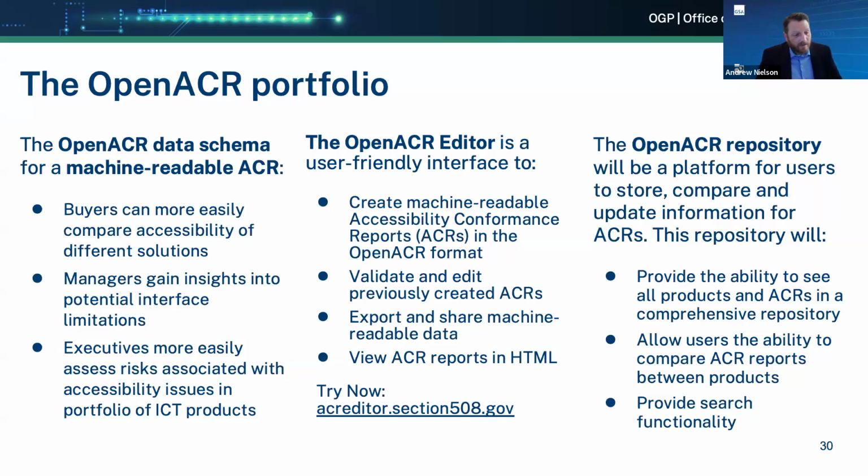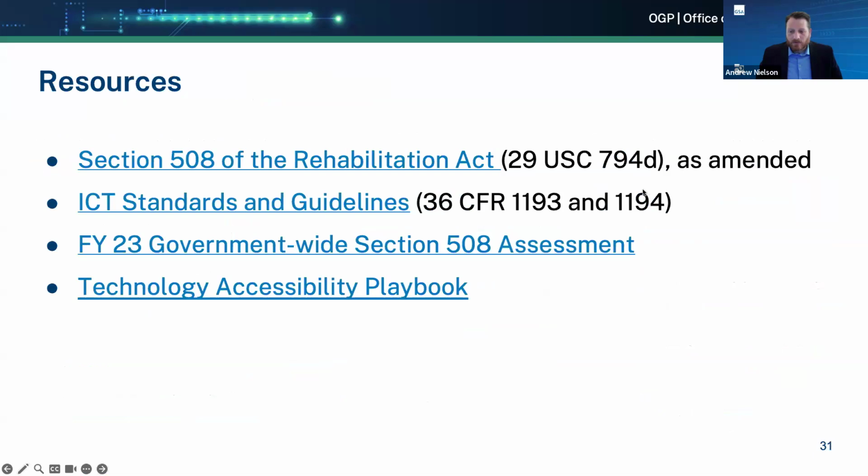The future vision would be that when you go to those marketplaces to purchase products, right next to the product description and specifications, you should be able to also see the accessibility conformance information right alongside it. Again, those tools are all open source and available for others to use, and we're definitely looking for engagement on that.